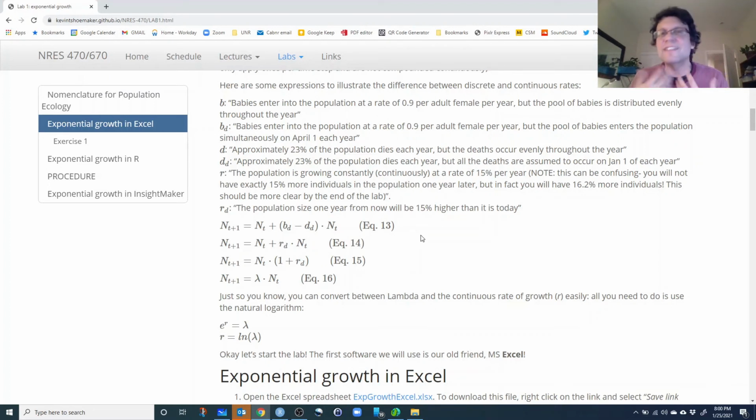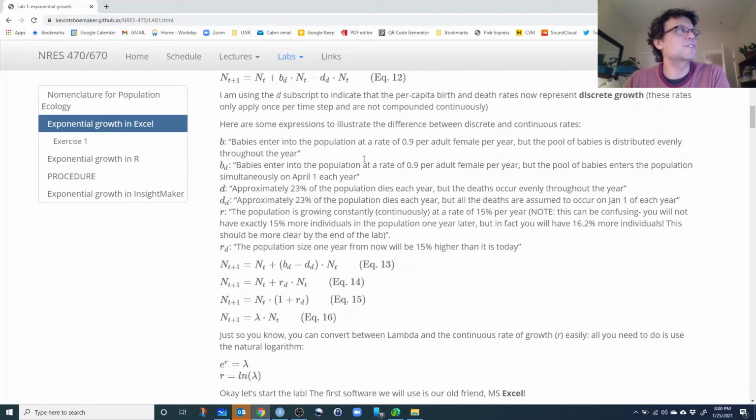So let's just, again, in plain English, go through a few examples of discrete and continuous growth rates, or population rates. And so let's think about little b in the continuous growth model, right? Babies enter into the population at a rate of 0.9 per adult female per year, but the pool of babies is distributed evenly throughout the year.